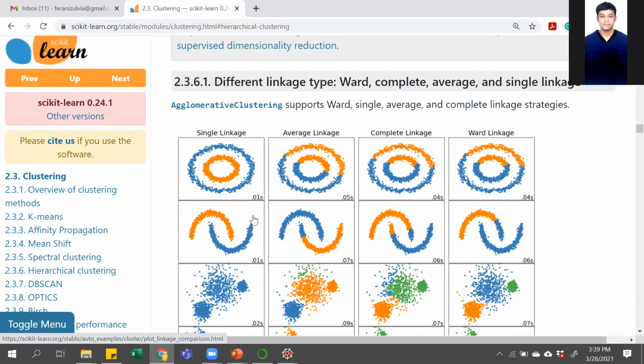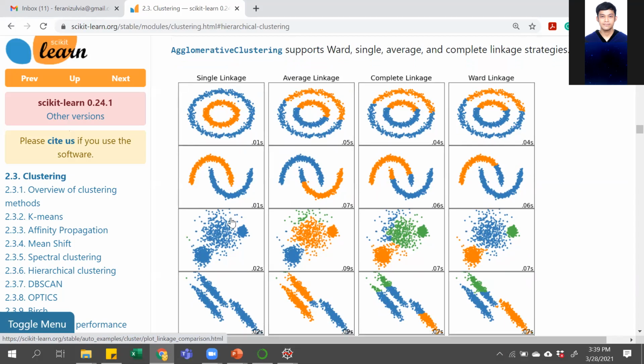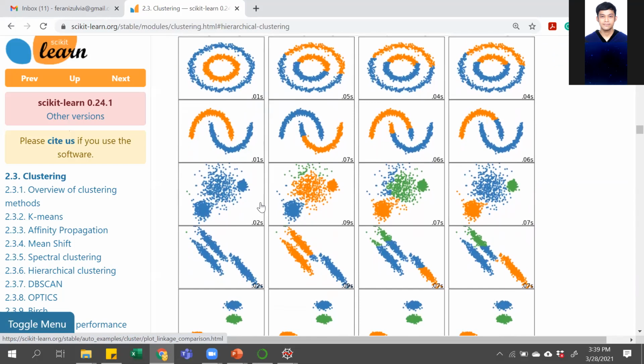The second data set, again like this, single linkage is better than the other three. This is the third data set. I think for the third data set, single linkage is not better than the other three.